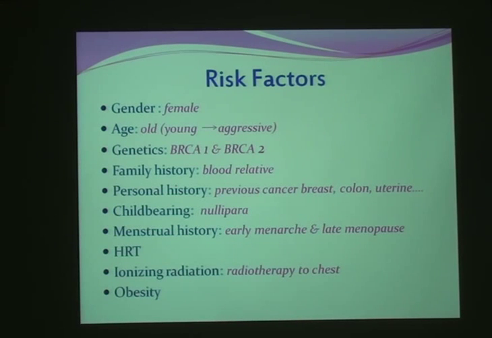The menstrual history, early menarche and late menopause, is all about the prolonged duration of estrogen. Hormonal replacement therapy, again, and ionizing radiation to the chest, like in cases of lymphoma or otherwise. Obesity is another risk factor I would like to talk about, because obesity means more fat, more estrogen storage, and that's another risk. And this is something that we can modify.